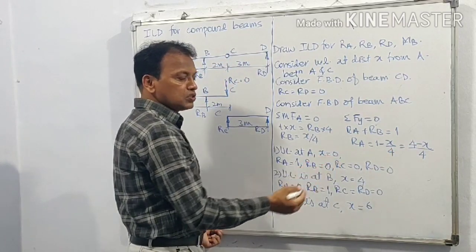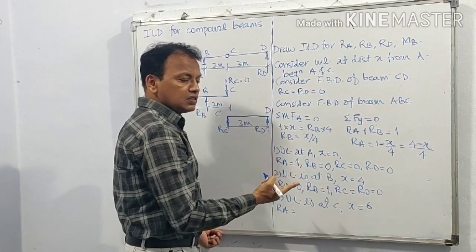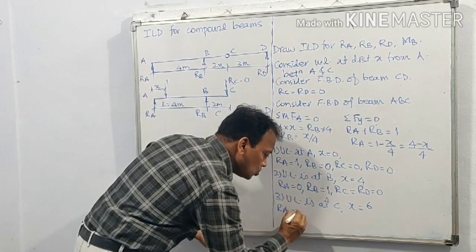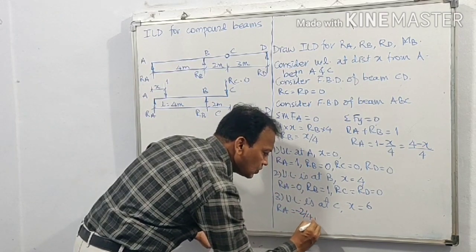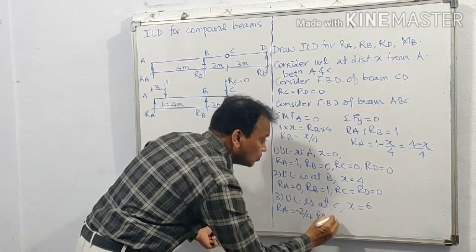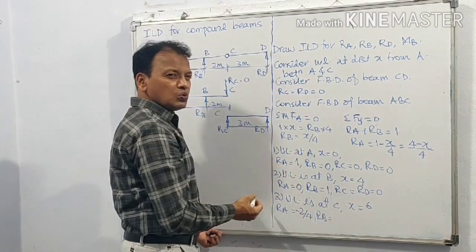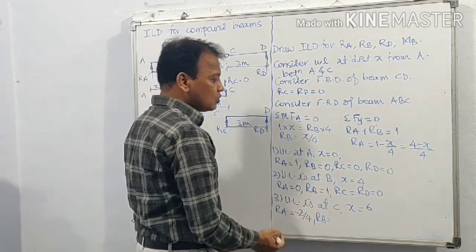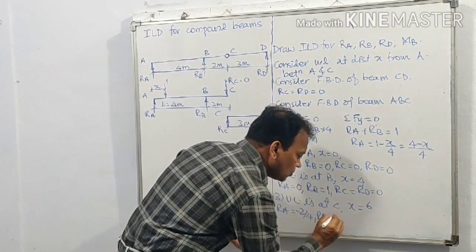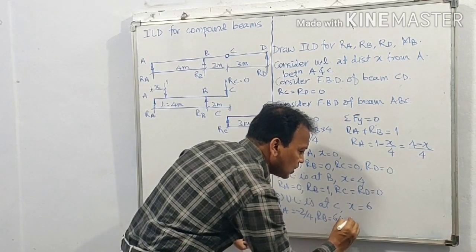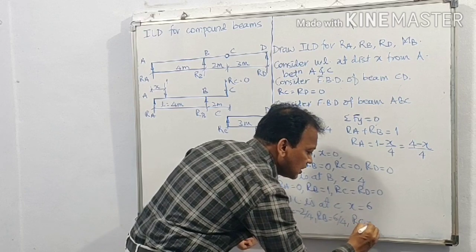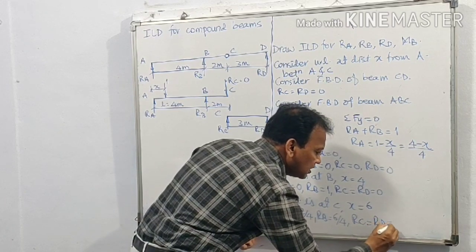X is equal to 6, that is 4 minus 6, that is minus 2 upon 4. RB is equal to X upon 4. X is equal to 6. Therefore, RB is equal to 6 upon 4. RC is equal to RD is equal to 0.